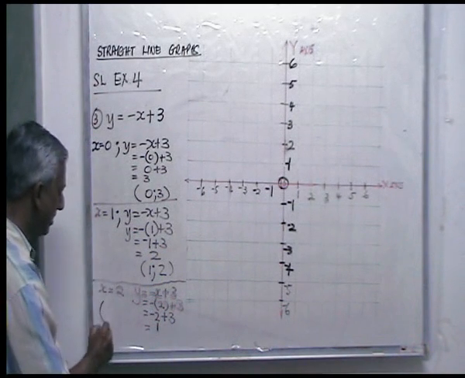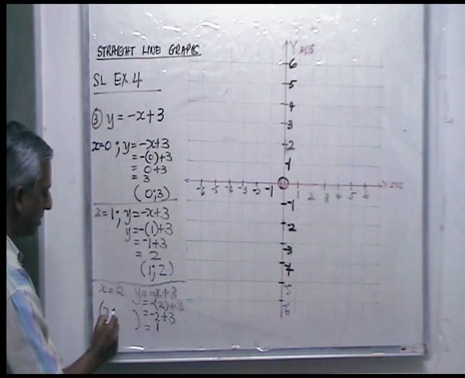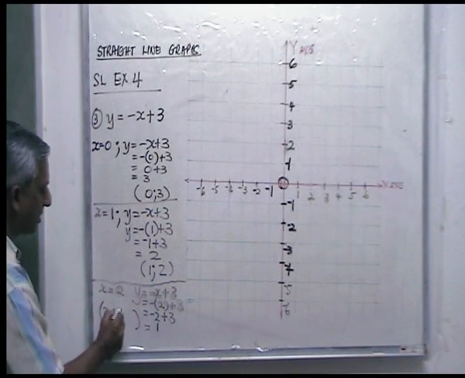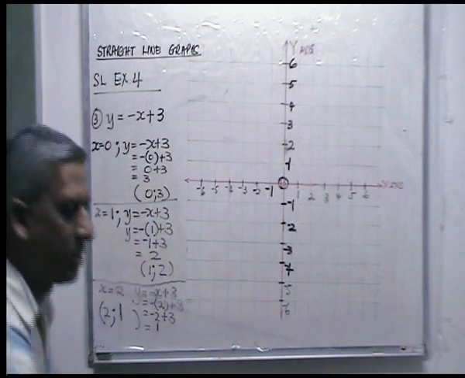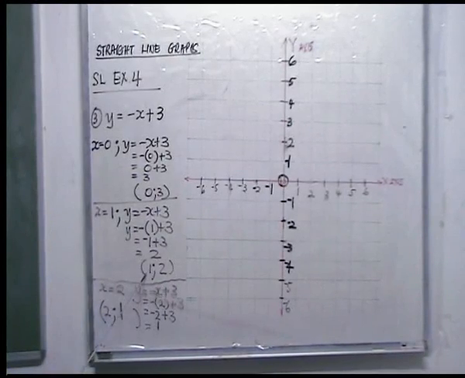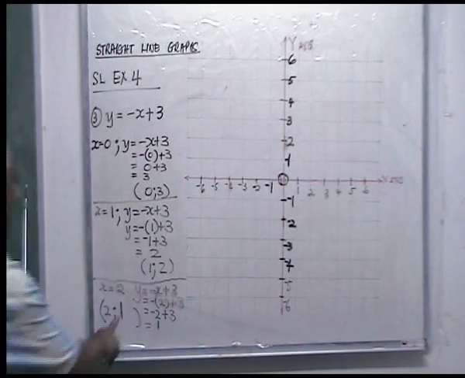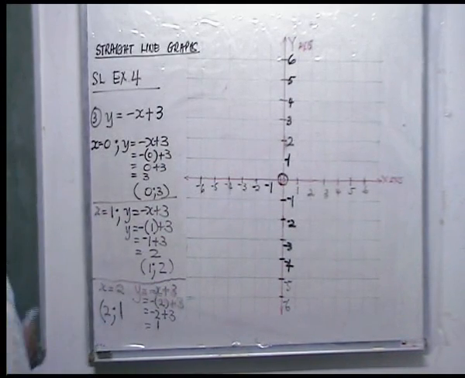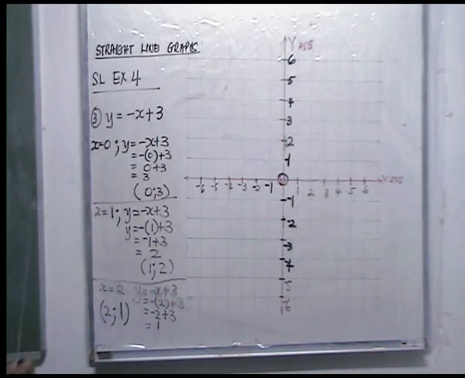So your last ordered pair is actually x is 2 and the y we worked out is 1. So let's have a look at the ordered pairs here. 0, 3, 1, 2 and 2, 1. Alright, let's make that a little neater. There, that's better.